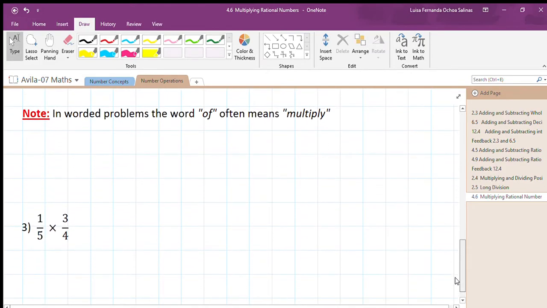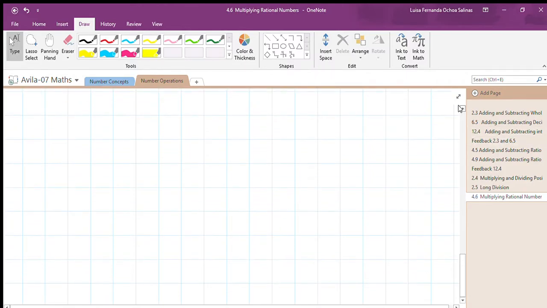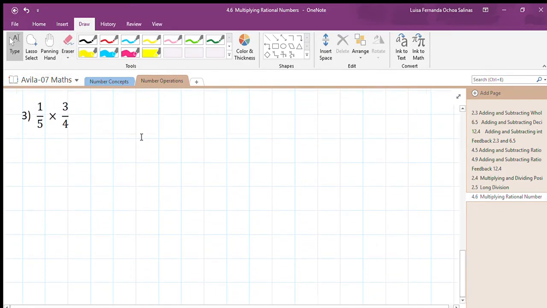Let's do one last example before finishing this video. So let's do this one. I have to do 1/5 multiplied by 3/4. So first of all, I'm going to take my whole, and I have to divide it into 5.